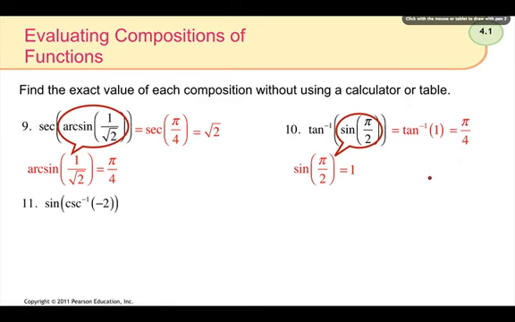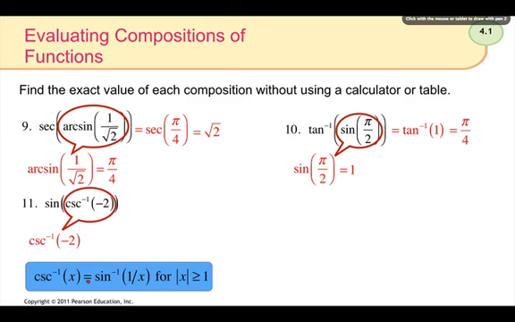Number 11, so we're going to focus on this part again. There it is. But before I do that, I'm going to use this here. So I'm going to be working with sine inverse of negative 1/2. So which angle gives me negative 1/2 for sine? And it turns out to be negative pi over 6.